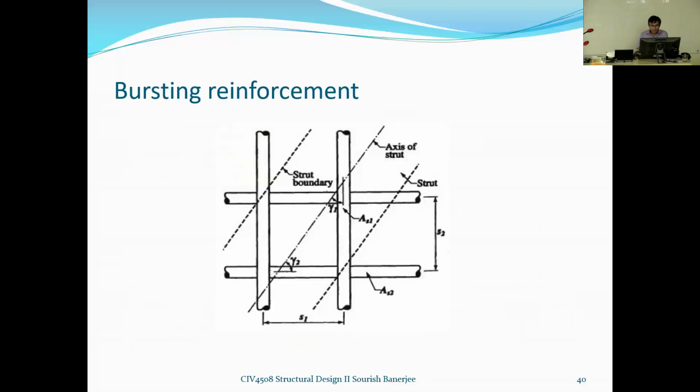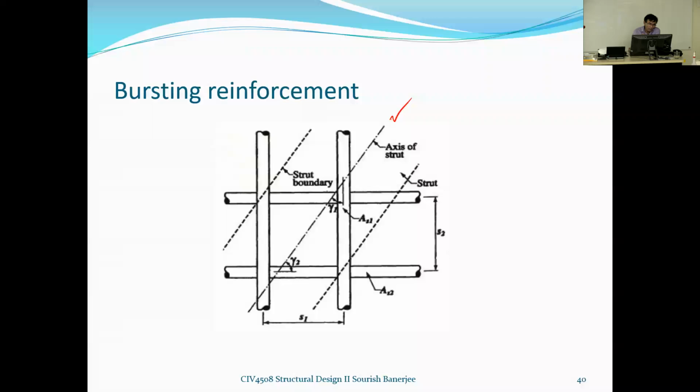So this is an example of how to provide the bursting reinforcement. If you look at this, this is the axis of the strut and this is your strut. Now, we have provided this bursting reinforcement in terms of two orthogonal sets of reinforcement, one in the horizontal direction and one in the vertical direction. And that's the way people tend to provide.